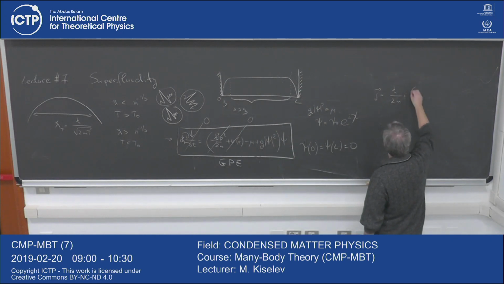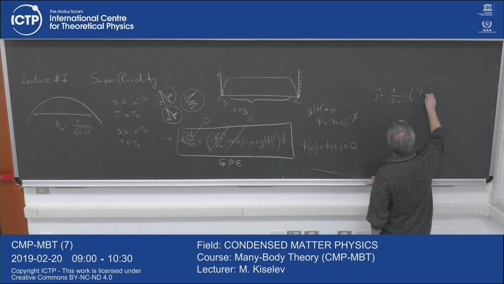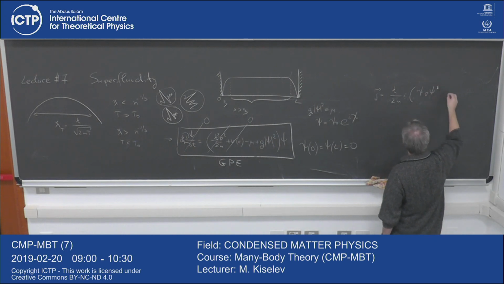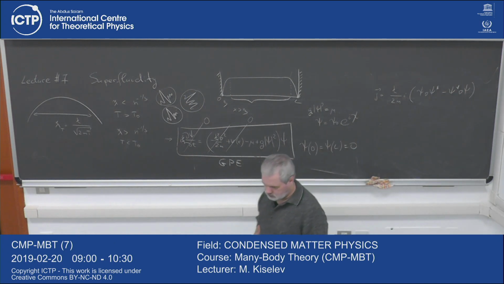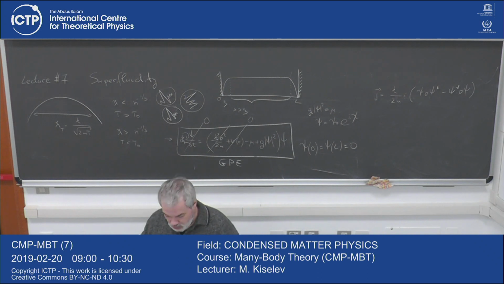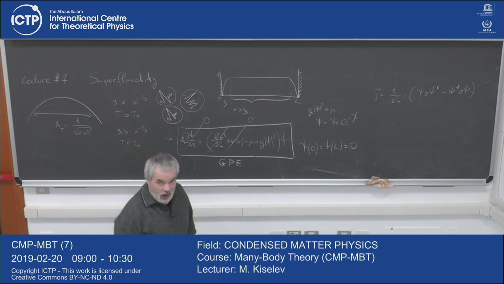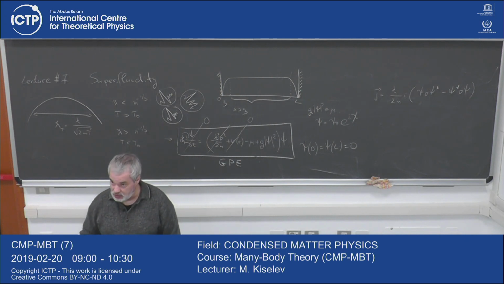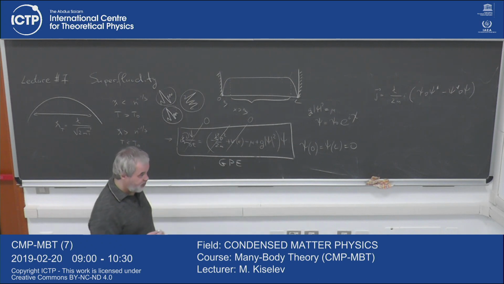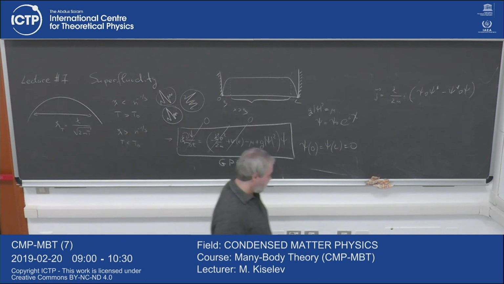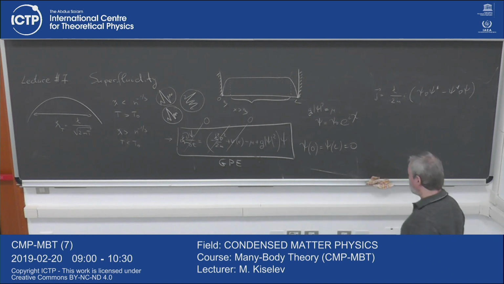So J is h bar over 2m i times psi gradient psi bar minus psi bar gradient psi. This is the quantum mechanical operator of the current written in terms of the wave function. You are familiar with this from the classes of quantum mechanics.